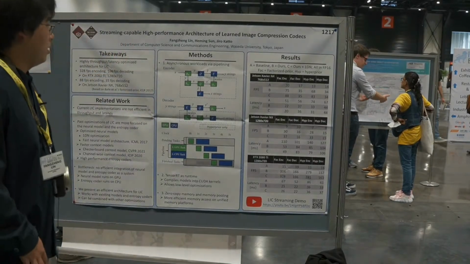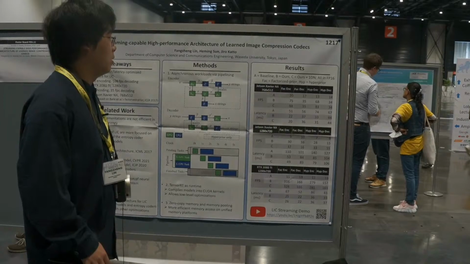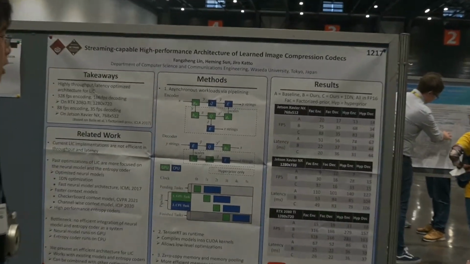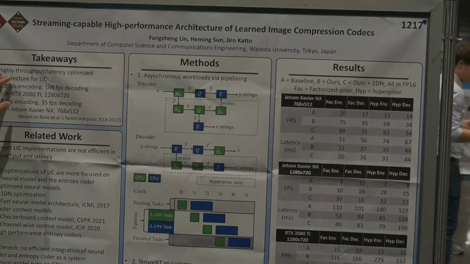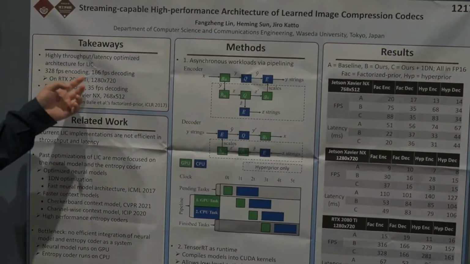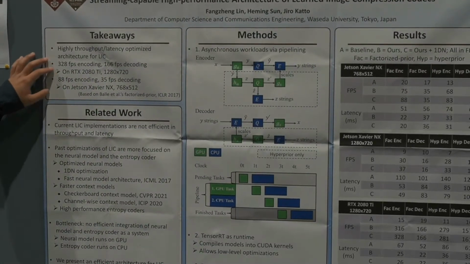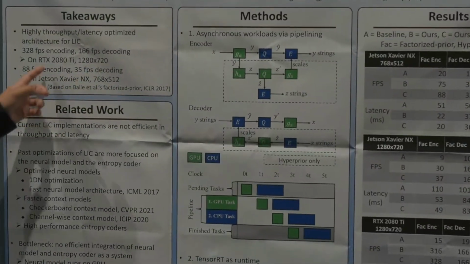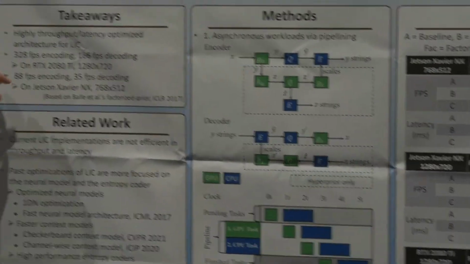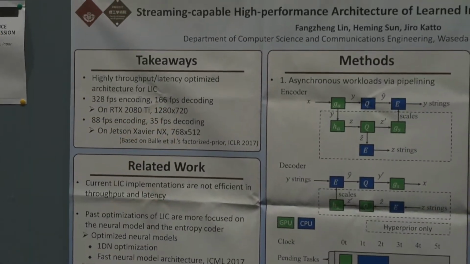Okay. So hi, I'm the author of this paper, Streaming Capable High Performance Architecture of Learned Image Compression Codecs. So basically what we did is we made a very high throughput and latency optimized architecture for the image compression, and you can see the results here are very outstanding. So for 720p images on RTX 2080 Ti, we can achieve more than 300 FPS encoding and 166 decoding.